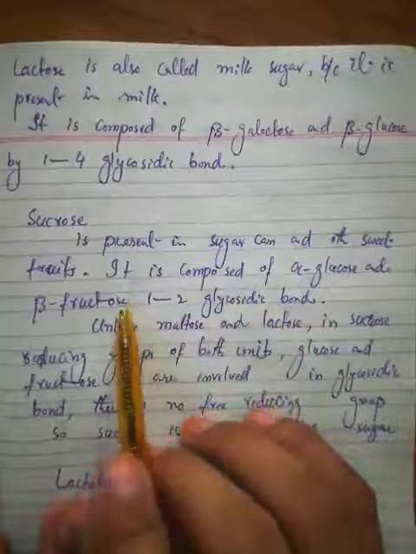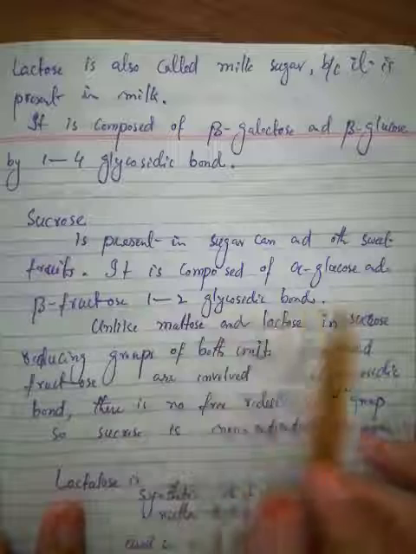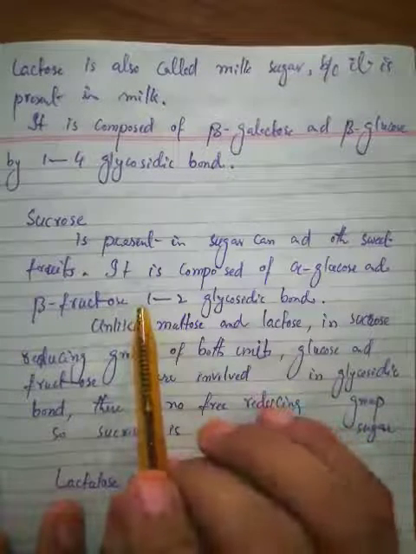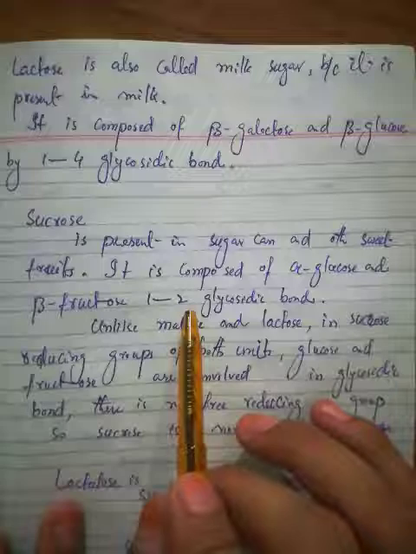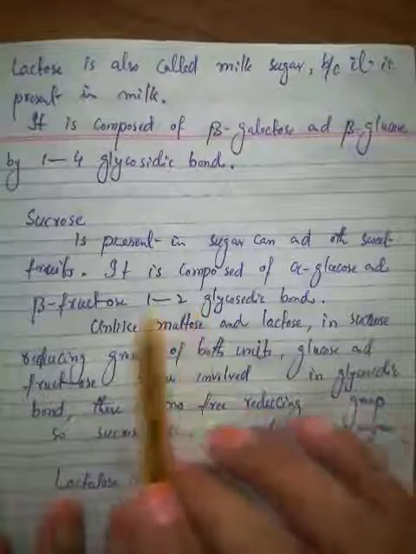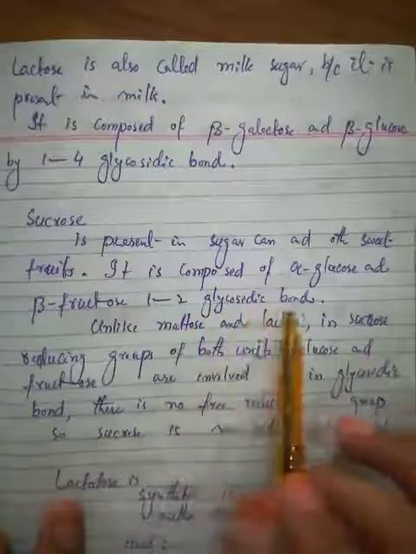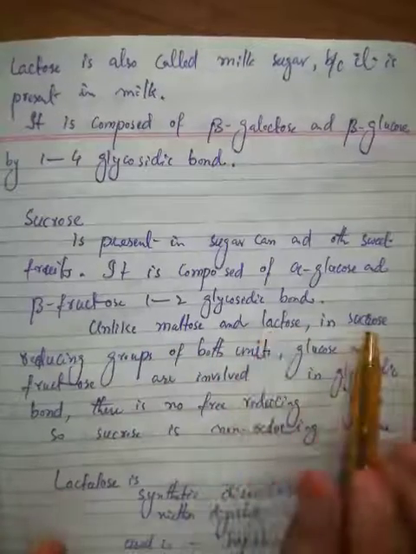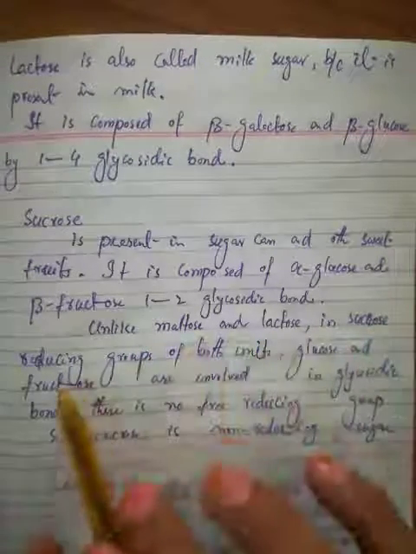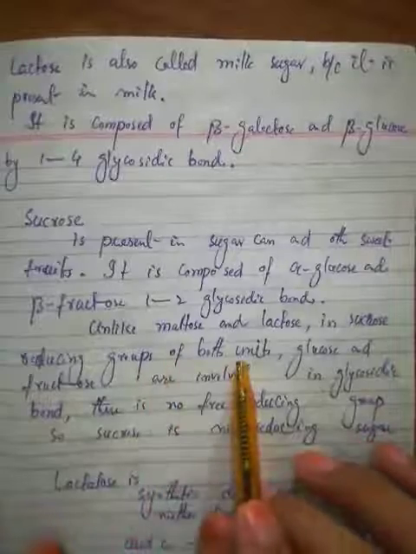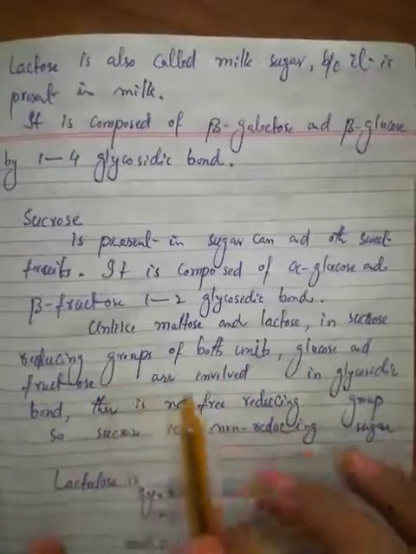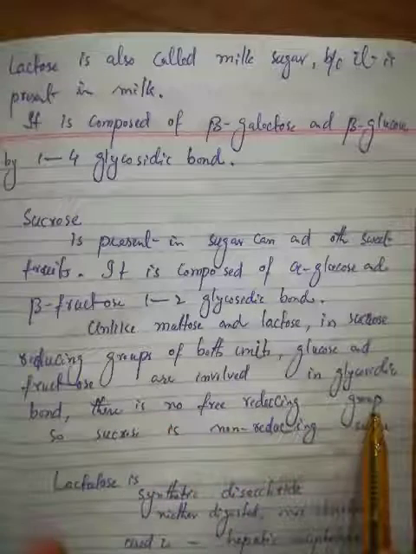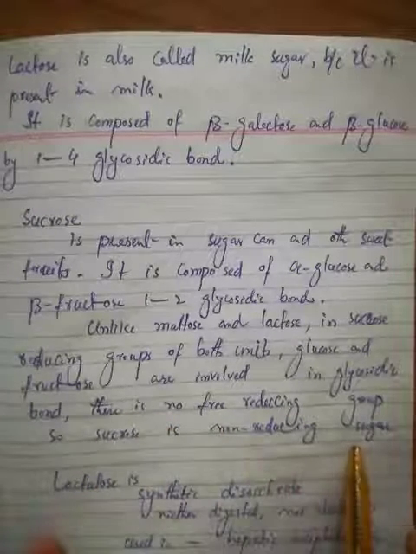Means hydroxyl group at first carbon reacts with the hydroxyl group at second carbon, 1,2 glycosidic bond. Unlike maltose and lactose, in sucrose, reducing groups of both units, glucose and fructose, are involved in glycosidic bond. There is no free reducing group, so sucrose is a non-reducing sugar.